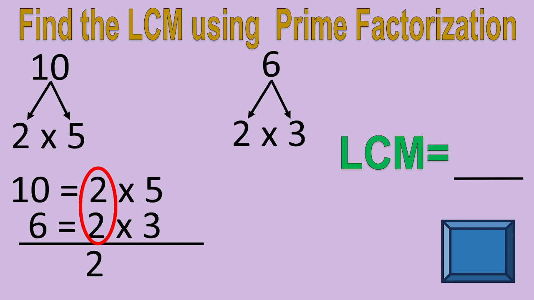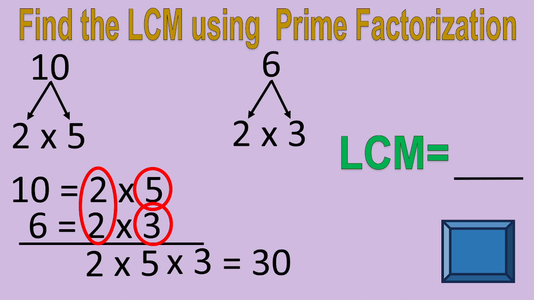The uncommon prime factors of 10 and 6 are 5 and 3. Let us solve. 2 times 5 times 3 is equal to 30. So the LCM is 30.